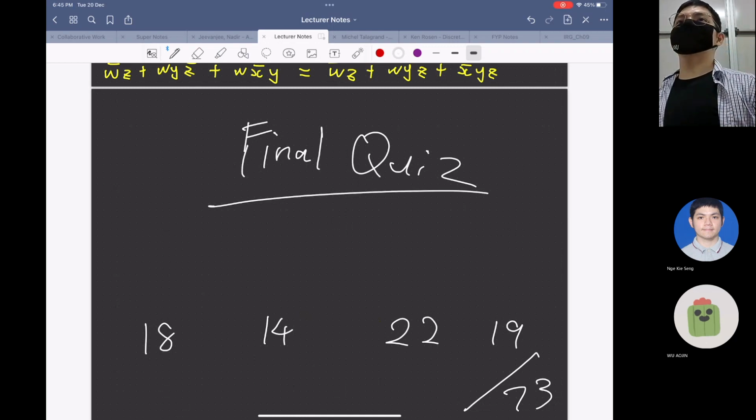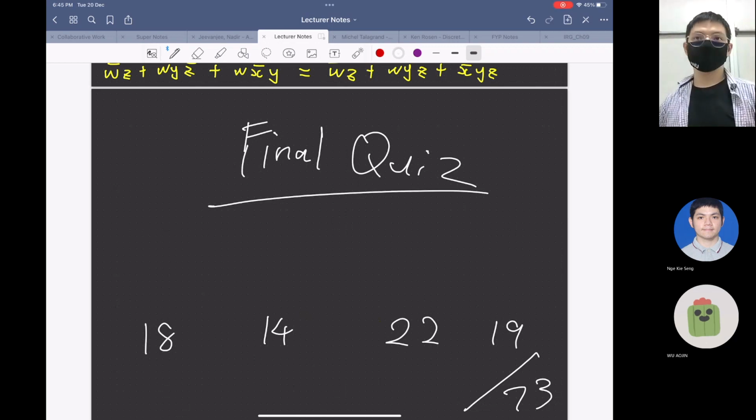Alright, clean up your solution. Check your name, student ID. And pass it to the front. Pass your answer to the front.